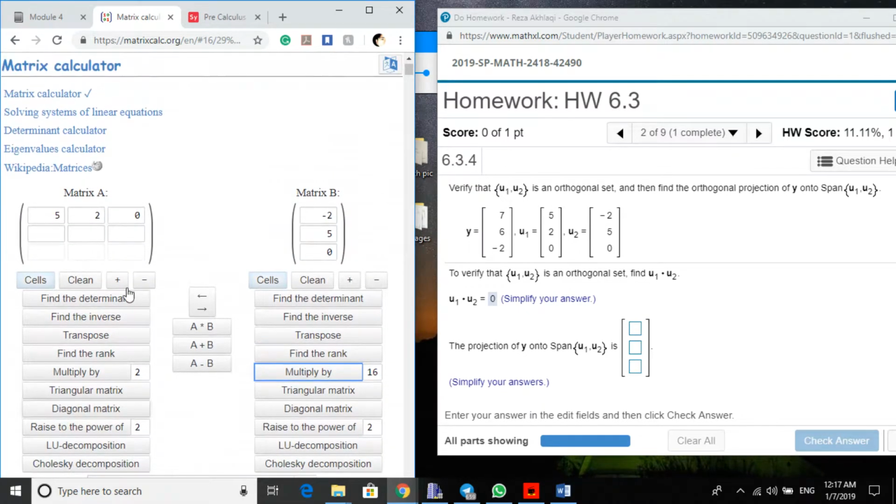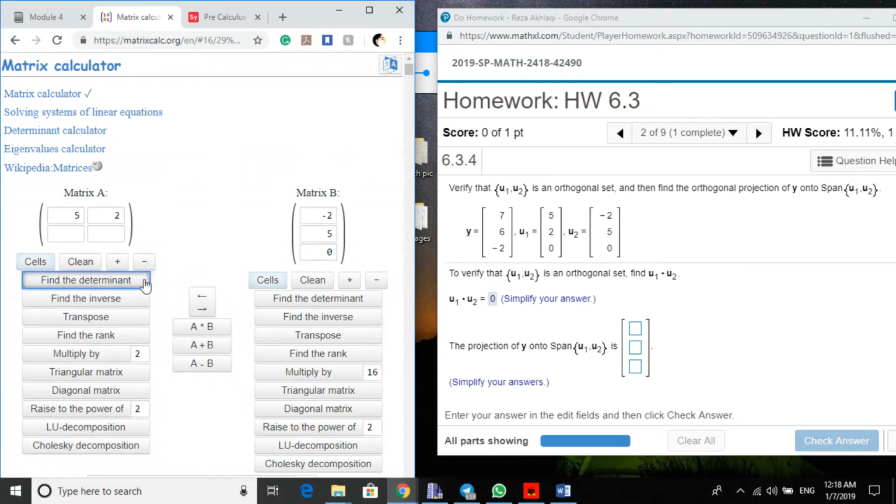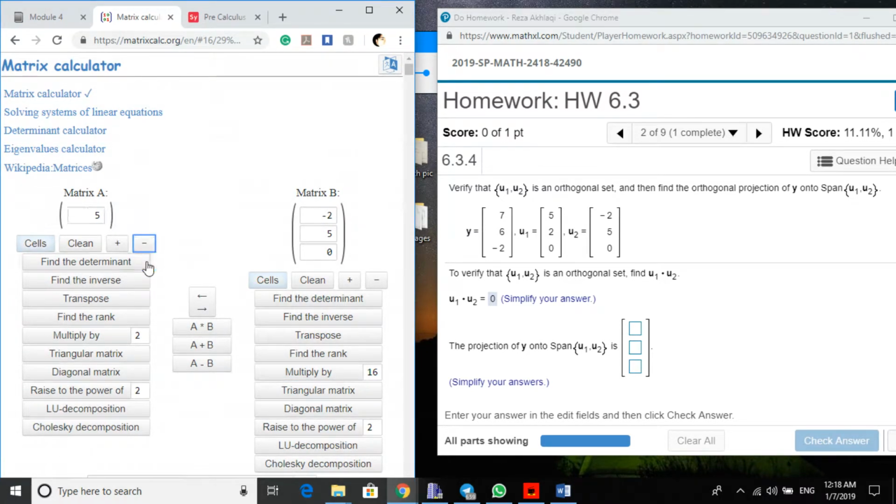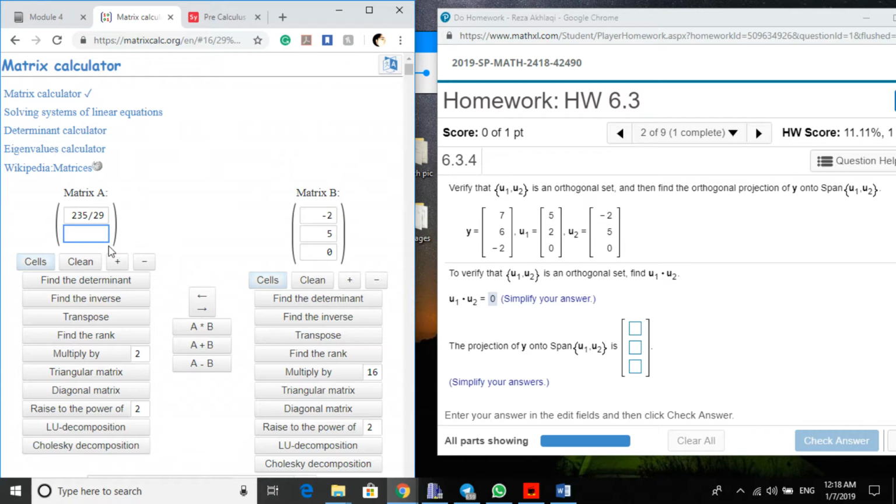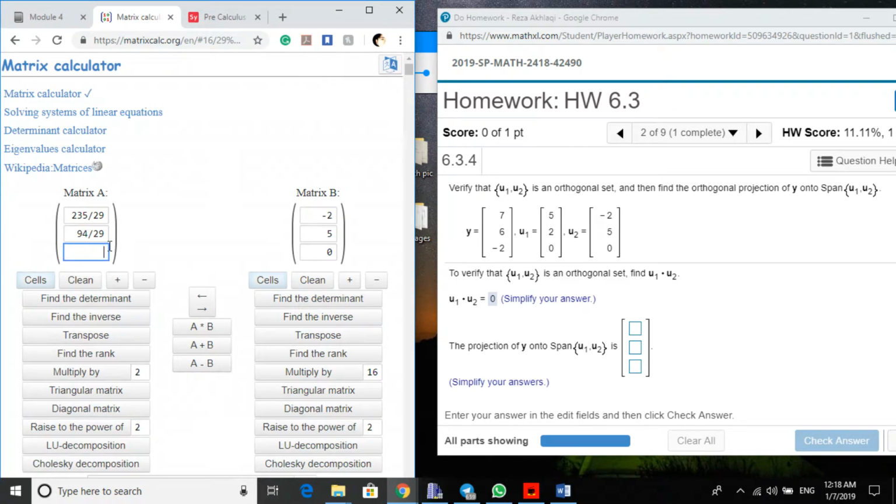For that, I can still use the calculator. The u1 part was 235/29, 94/29, and 0.